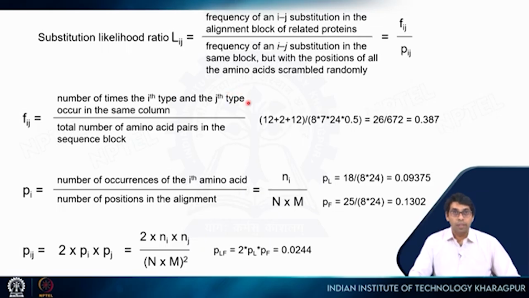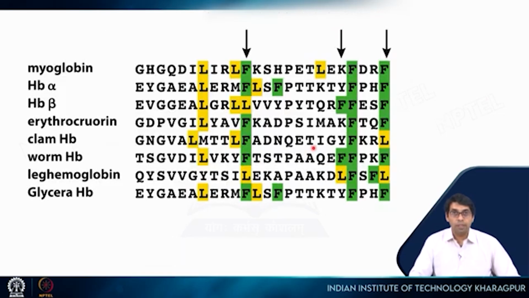That is the numerator. Now, I have to scramble the sequence. So, what are the total number of scrambled? If I do that, what are the total number of pairs that are present? There are 8 rows and 24 columns, right.